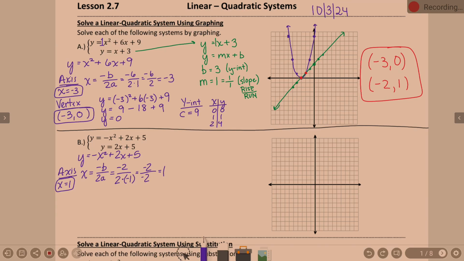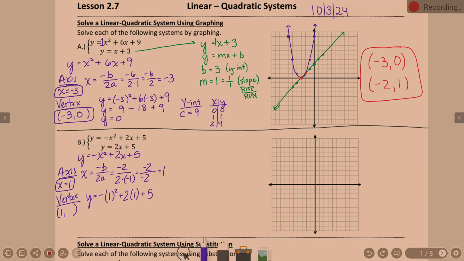What do you know? You already know. Yep. In my vertex, I know it's 1 comma something. Now be careful on this one. We're going to take that 1 and plug it in. So y equals, now notice it's the negative of 1 squared plus 2 times 1 plus 5.